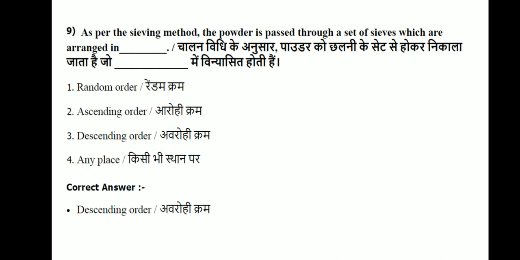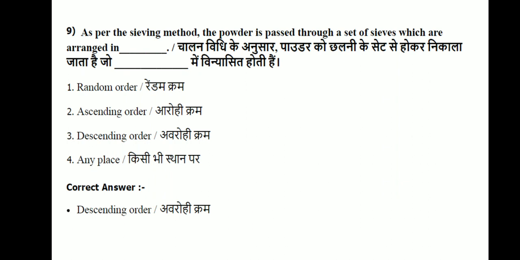Option 2, ascending order. Option 3, descending order. Option 4, any place. Ascending order means from the lowest mesh size to the higher mesh size. Descending order means from the highest mesh size to the lower mesh size. The correct answer is descending order.